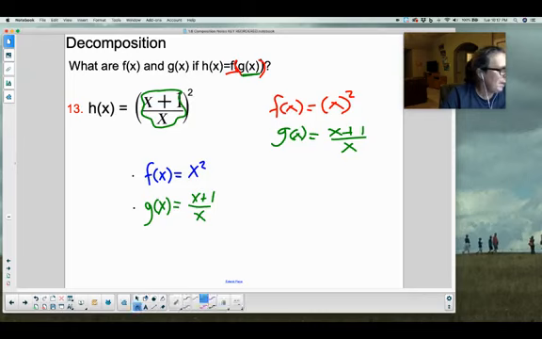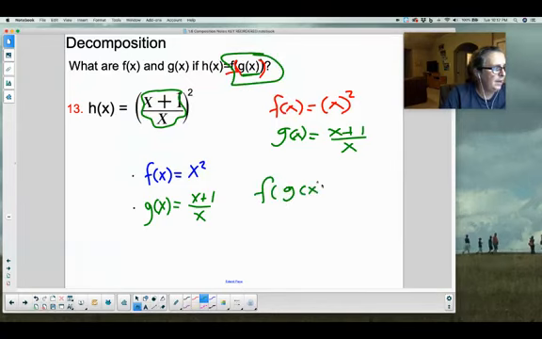If you go back, my question said, write f of g of x. Mine would be f is something squared, and what I've got on the inside, g of x, I've said g of x is x plus 1 over x.